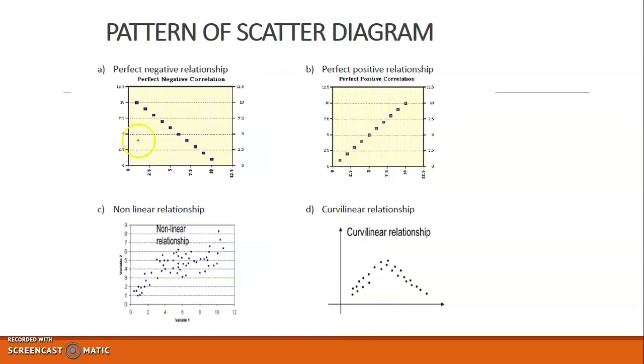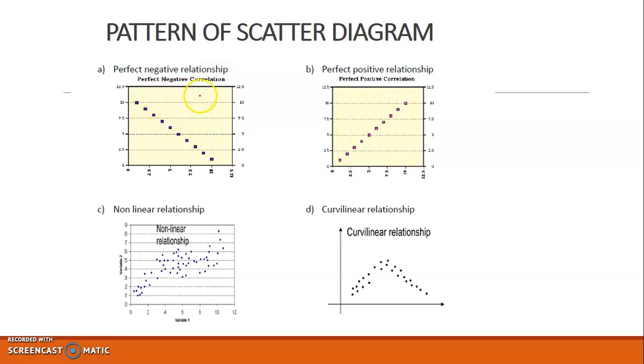So the first one here. From this scatter diagram, of course, we can say that this is a negative relationship because this is a decreasing pattern. Pattern yang menurun, macam orang turun tangga.